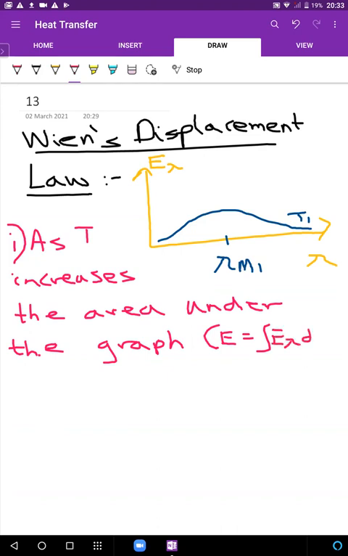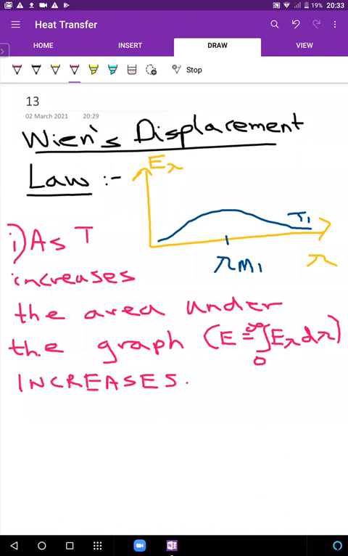We have seen the total emissive power is the integration of E lambda with respect to lambda all the way from 0 to infinity. Basically you're just integrating across all possible wavelengths. So as T increases, the area under the graph increases. So at a higher temperature, you're going to find a larger area, which I'll draw in a bit.